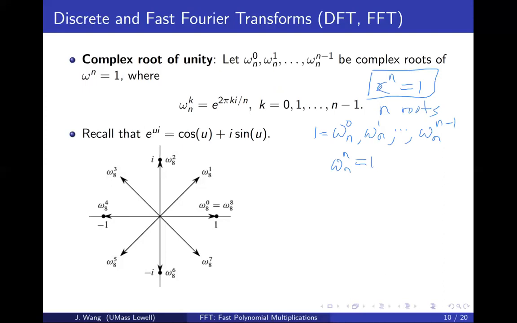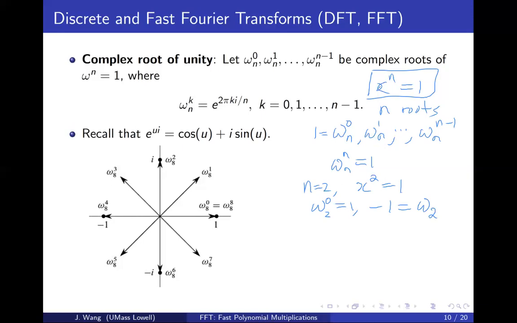So for instance, when n is equal to 2, solving x squared equal to 1, you get two roots. One is 1, the other one is minus 1. So this 1 is omega 2,0, and this minus 1 is omega 2,1.